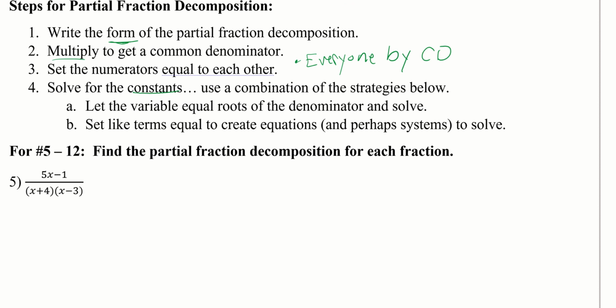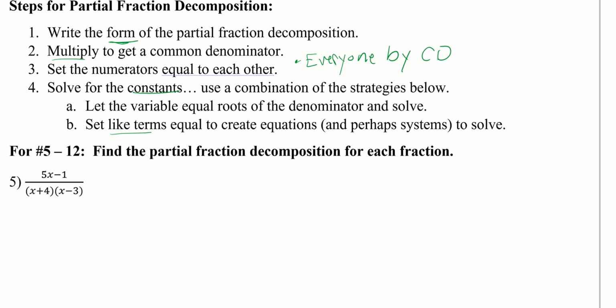So our idea is if we have just a straight up factor like x minus 3, we're going to let the variable equal the roots, right? So equal the solutions and solve. Okay, that one's kind of the easiest one to see. And then here set like terms together, right? So if I have two sides of an equation, all of the x squareds on one side of the equation should match all of the x squareds on the other side of the equation.